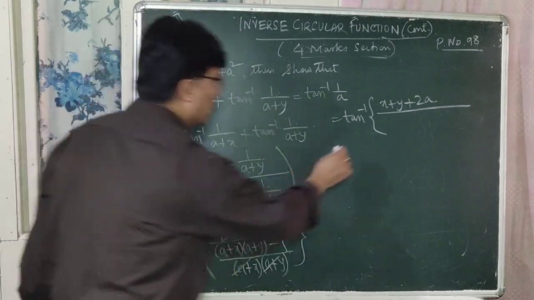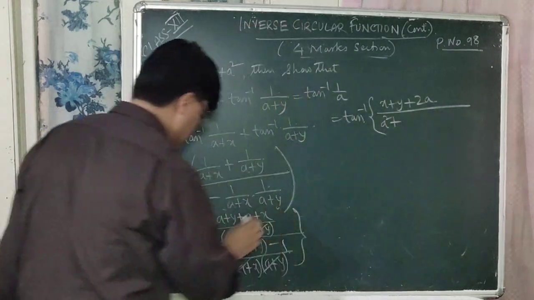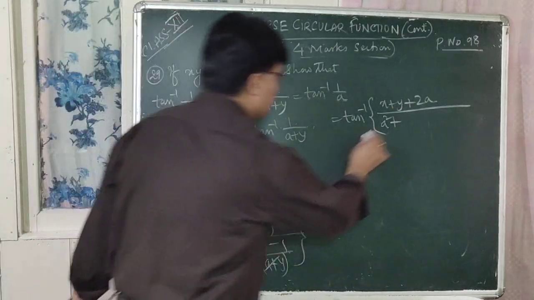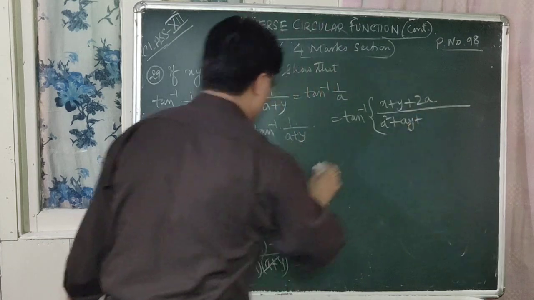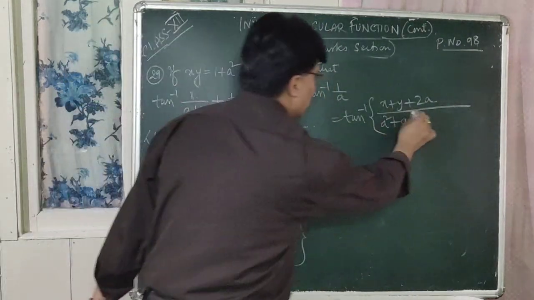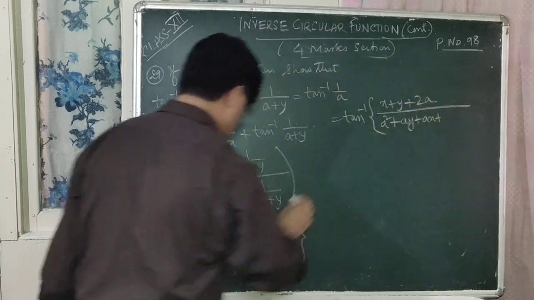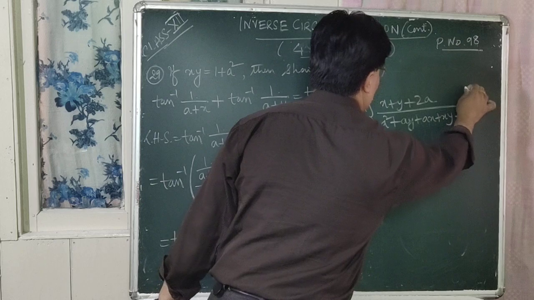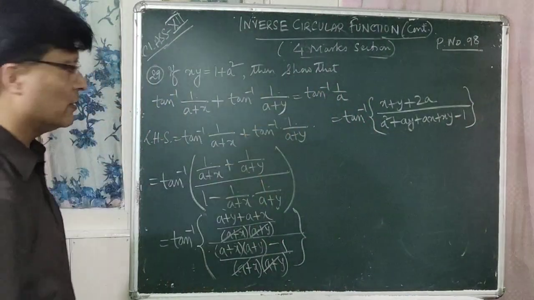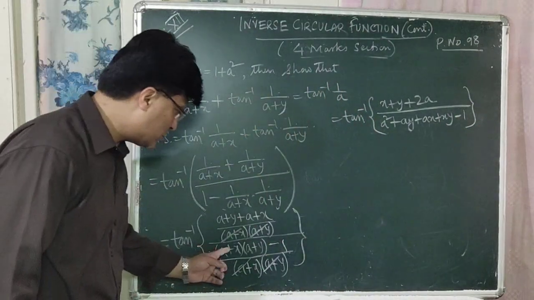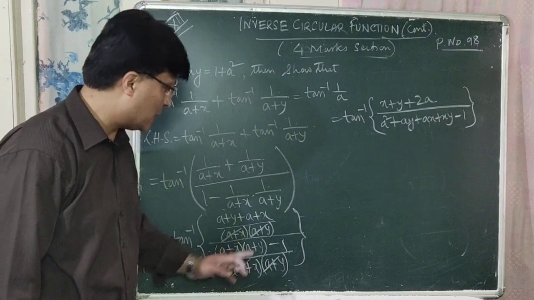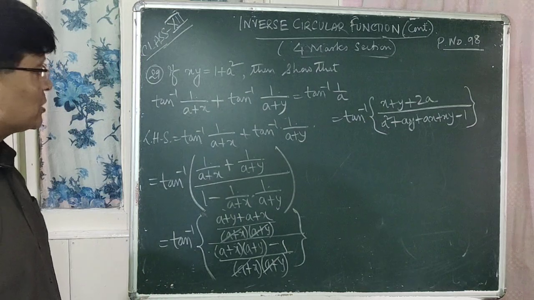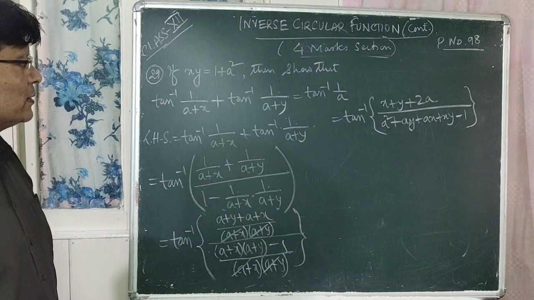A into a is a square, plus a into y, that is ay, plus x into a, ax, plus x into y, xy, then write down minus 1. So we have multiplied these two factors, a plus x into a plus y, and we got this result, a square plus ay plus ax plus xy, then minus 1, right?